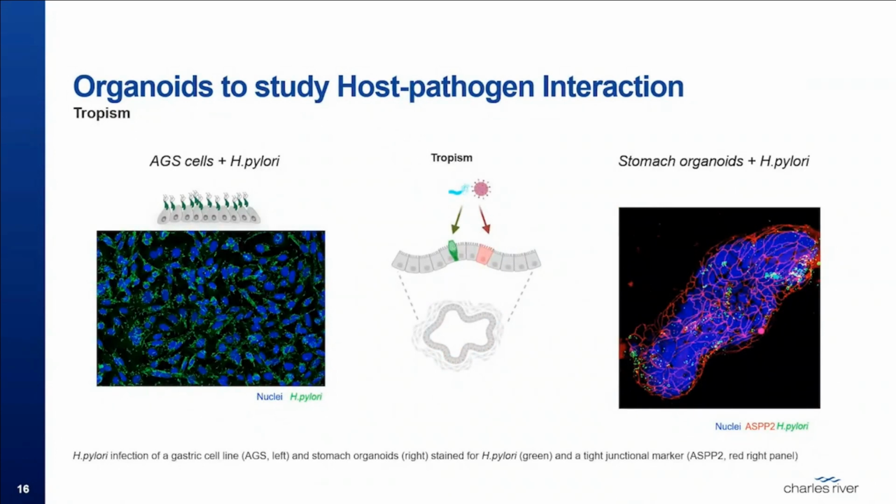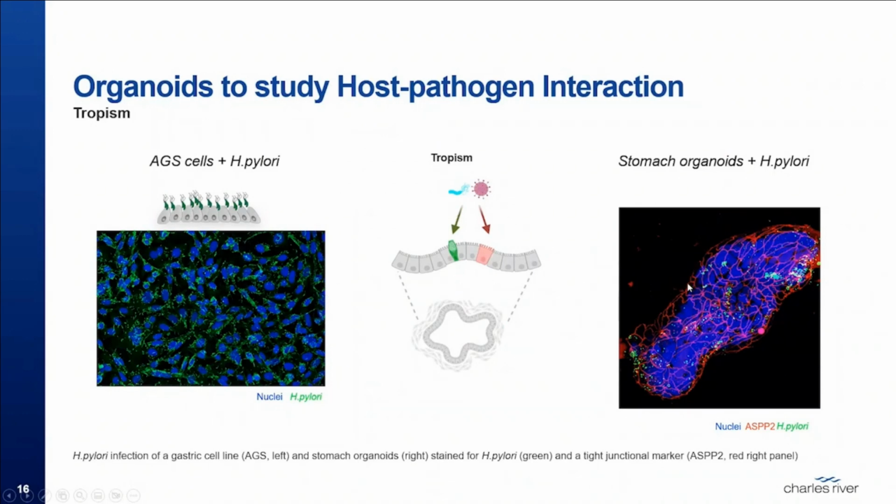So here you're looking at a cell line that has been infected with a bacterium, H. pylori. And here to the right, you see the same bacterium infecting a gastric organoid. H. pylori is a bacterial pathogen that colonizes the human stomach and is considered the first risk factor for stomach cancer. And you can appreciate that when we infect a gastric cell line with this bacterium, virtually all the cells are infected by H. pylori, here stained green.